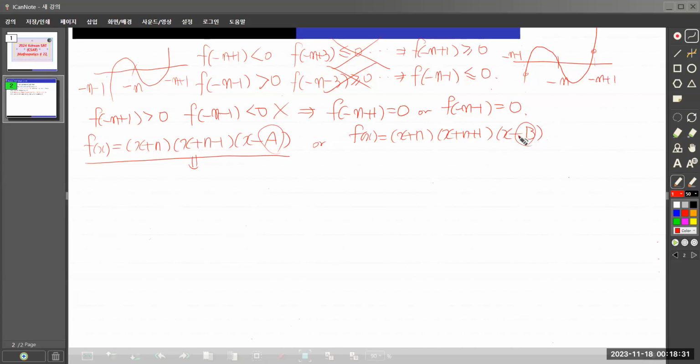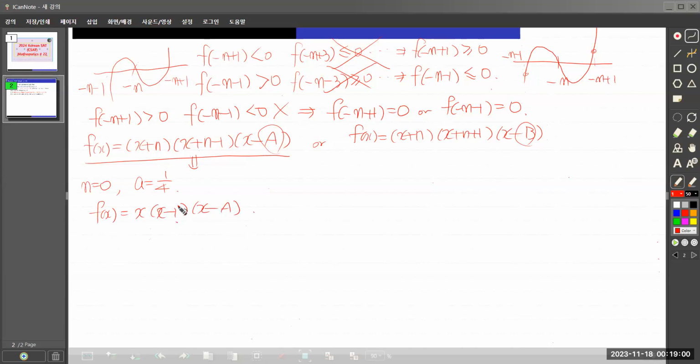So like the problem in the Korean SAT, we may assume that n is equal to 0, and a is equal to a quarter. Then let's see what happened. So this can be replaced like f(x) is equal to x times (x minus 1) times (x minus a).